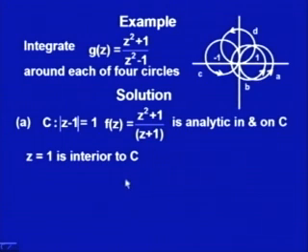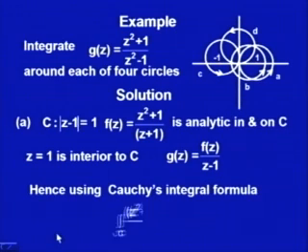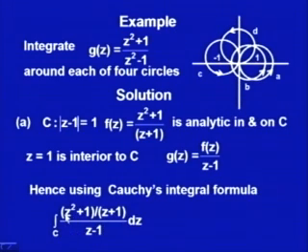So, now I use the Cauchy integral formula, g(z) as f(z) upon z minus 1. Using this Cauchy integral formula, I would get the integral of (z square plus 1) upon (z plus 1), divided by (z minus 1), that is f(z) upon (z minus 1) dz, which should be 2 pi i into f(z naught). What is z naught? z naught is 1 and f(z) is this.